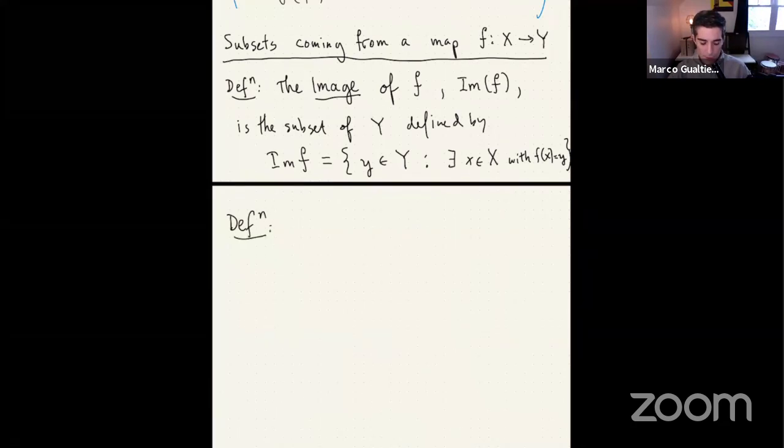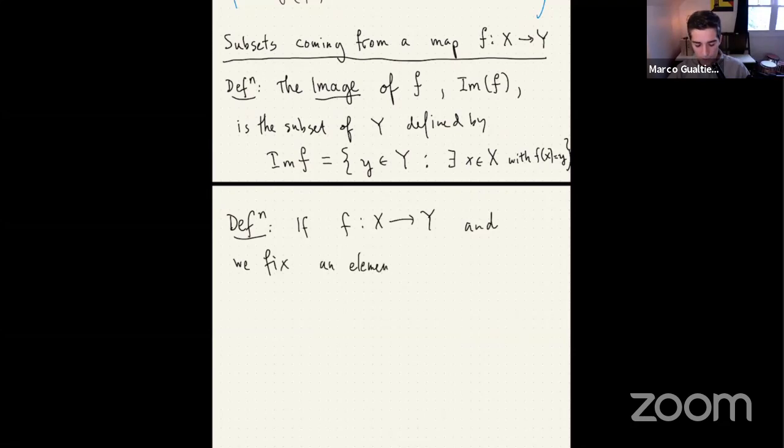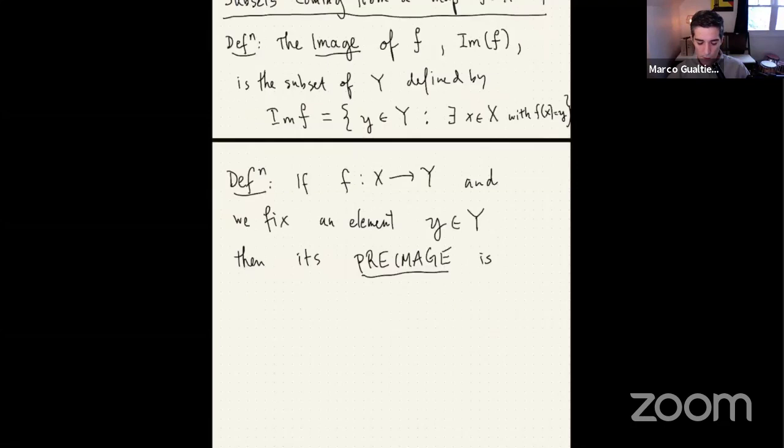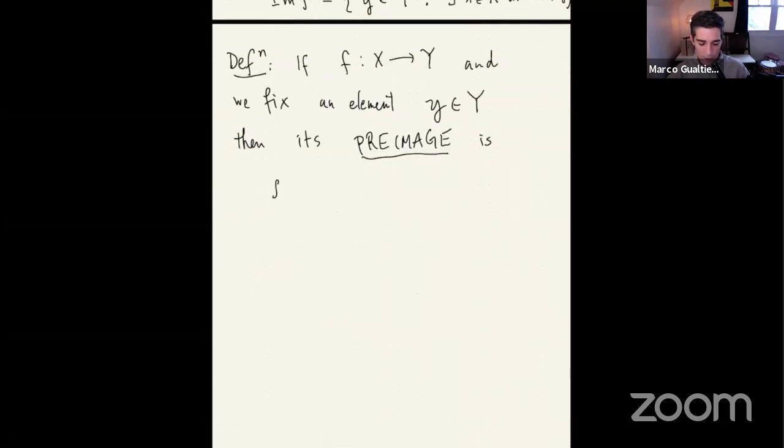Okay, so if F is a map from X to Y, and we fix an element y in Y, then its pre-image is the following set. It's denoted in this way.